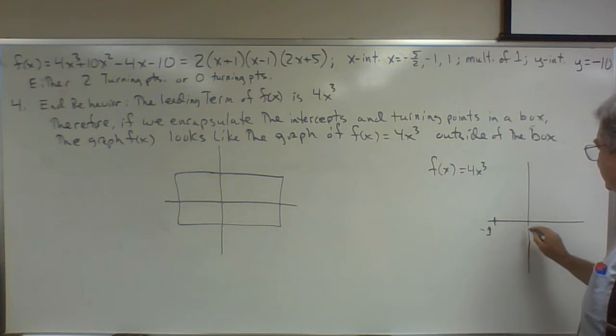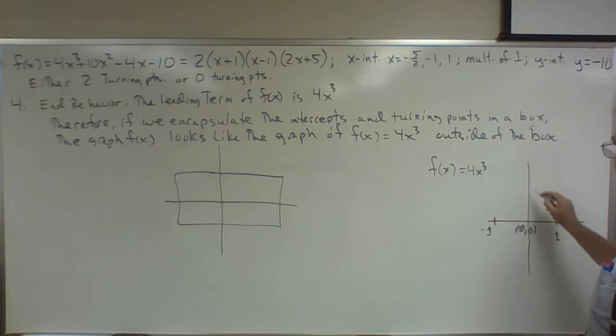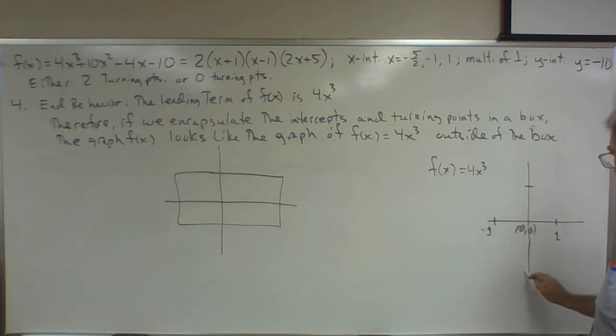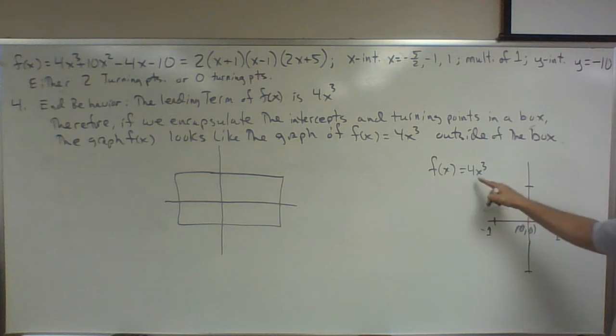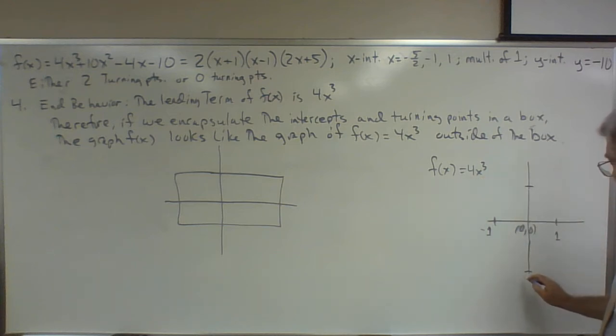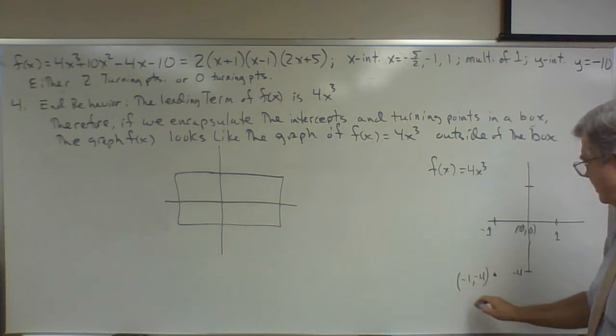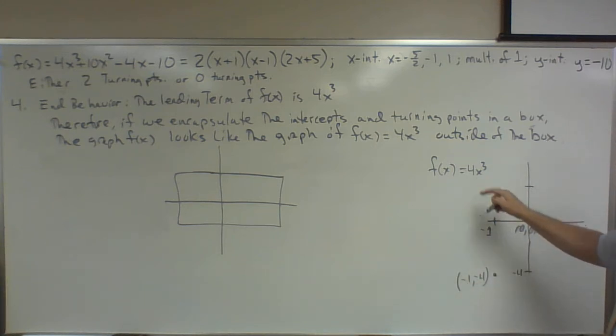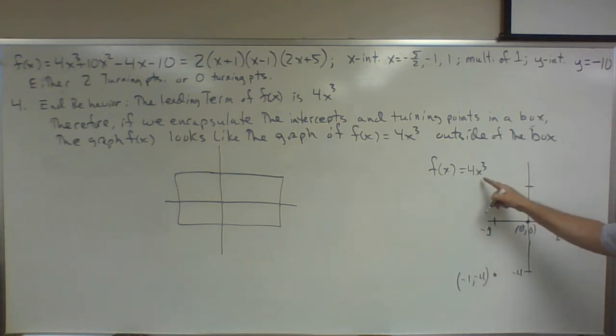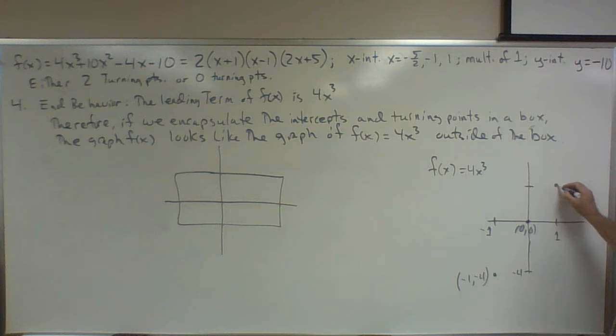Remember our old friends, -1, 0, +1. When x equals -1, 4x cubed is -4. When x is 0, f of x is 0. And when x equals 1, f of x equals +4.